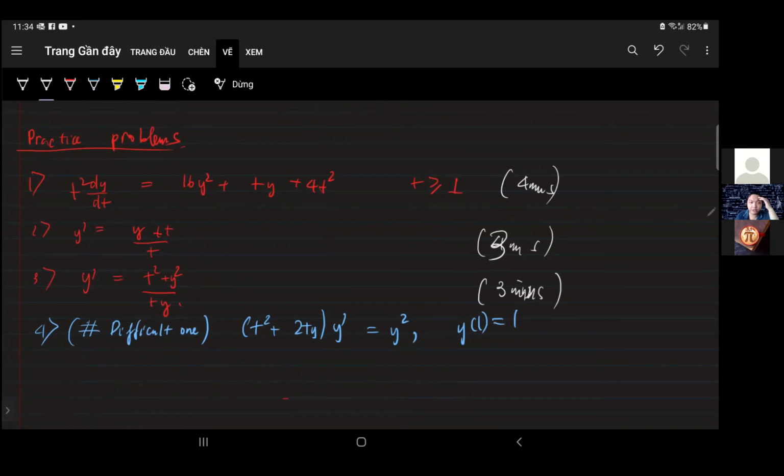The last one is challenging. You can work on it at home. If you need a solution, I will send it to you by email if someone asks me. If we have time, I will fix that. If we don't have time, let it be your extra homework. If you want to do it, maybe you can spend 5 minutes for that.